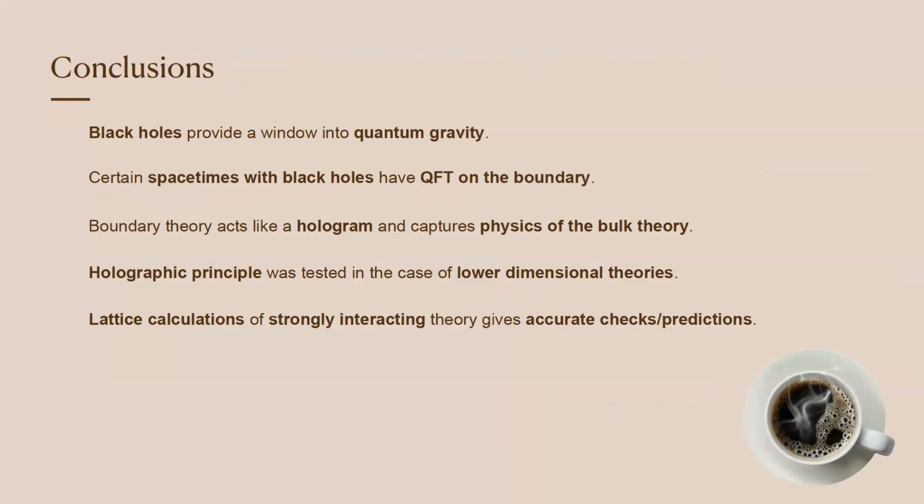In this talk, there are other cases where we have tested the models as well. So lattice calculations of strongly interacting quantum theory give accurate checks for predictions, which is amazing. A theory that does not contain gravity shows what is happening in the gravitational world. It captures the essence, which is something mysterious.